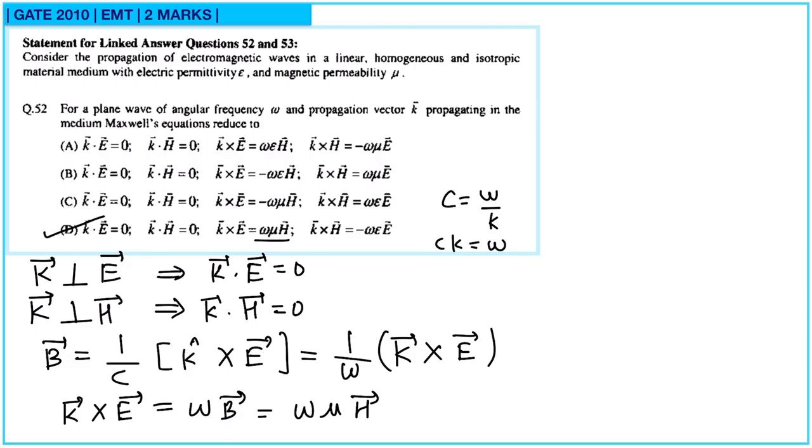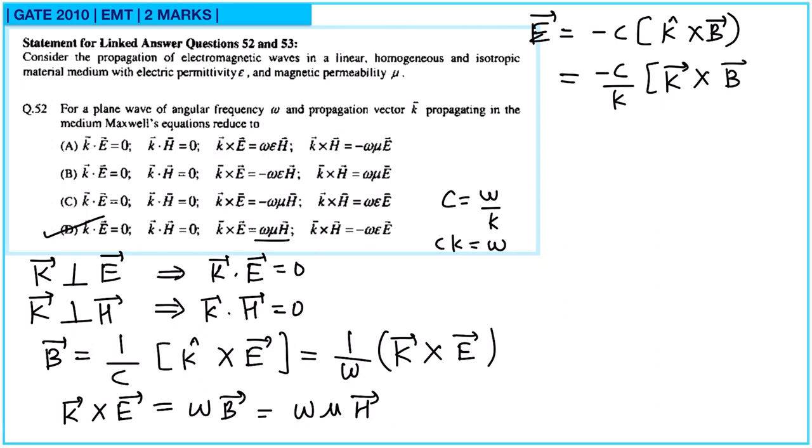We can check the last one as well. From here we can also calculate E bar. Now E bar is equal to minus of c into k cap cross B bar. k cap can be written as k bar by k, so this will be minus of c by k into k bar cross B bar.